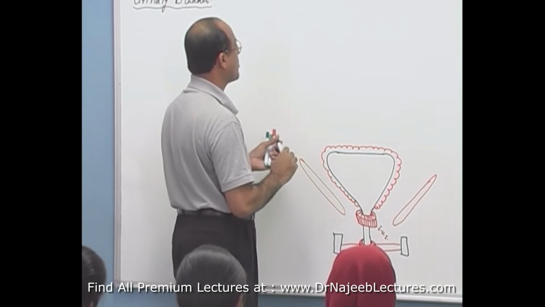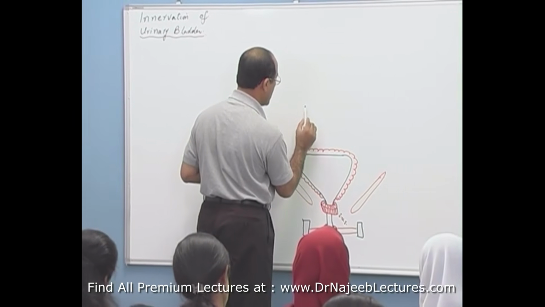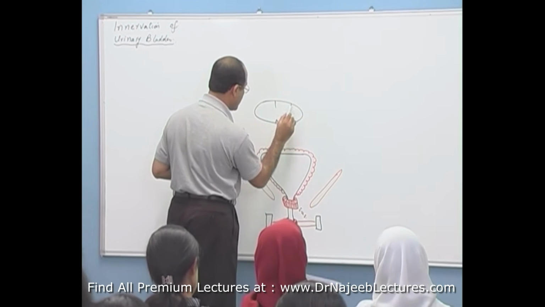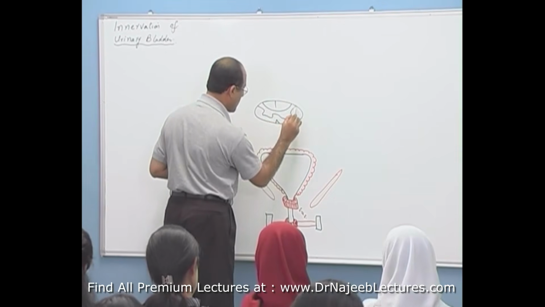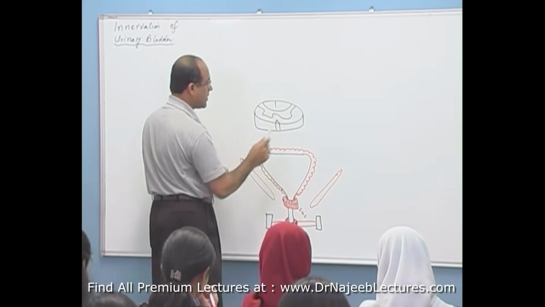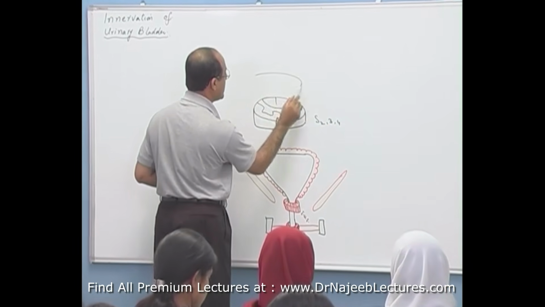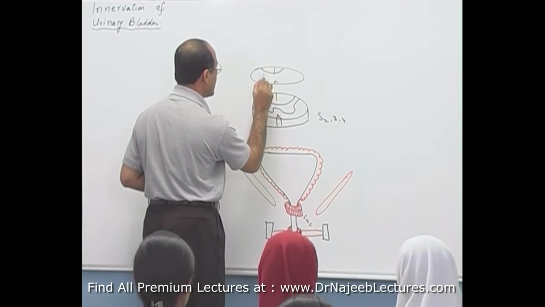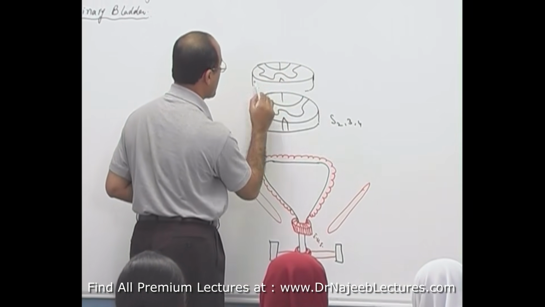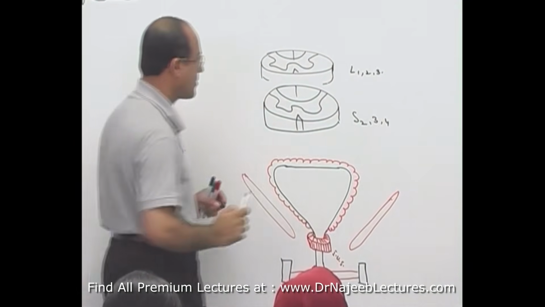Now let's draw the spinal cord here and talk about the different levels of the spinal cord. Let's suppose this is the sacral area, say S2, 3, 4, and another segment I represent here is the lower lumbar area, say L1, 2, 3, right?